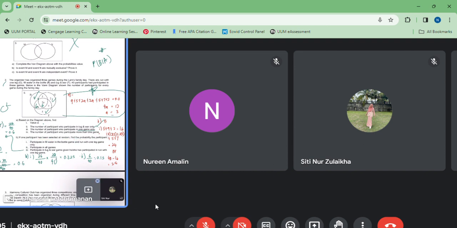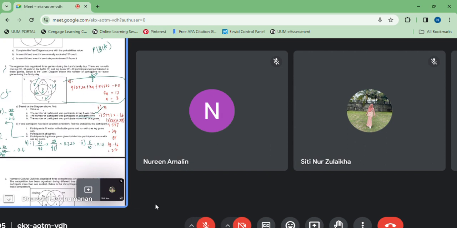Okay. Next, if one participant has been selected at random, find the probability that the participant participated in the fill-in-the-water-bottle game and the run-with-one-leg game. Fill in water bottle is B, right? Here, this whole thing.